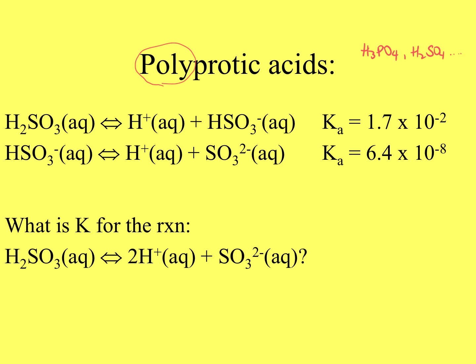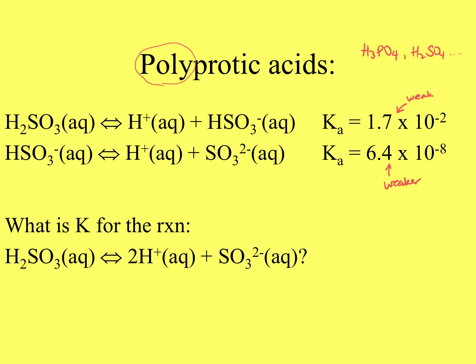So if you look at the first one, this is the hydrolysis of H2SO3. It's going to break up to form H plus and HSO3 minus, and this indicates that this is a weak acid. Then the HSO3 negative is the conjugate base of H2SO3, but then in the next line it becomes an acid, and when it gives up a hydrogen, it gives another Ka value that's even smaller, so this is even weaker.